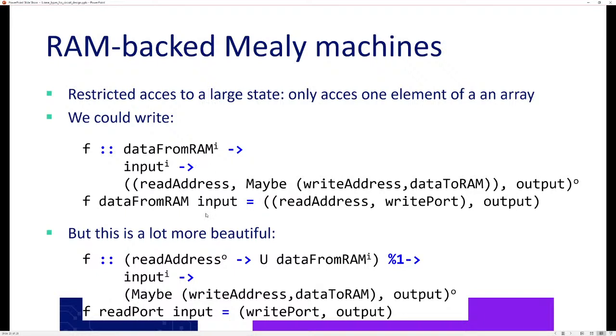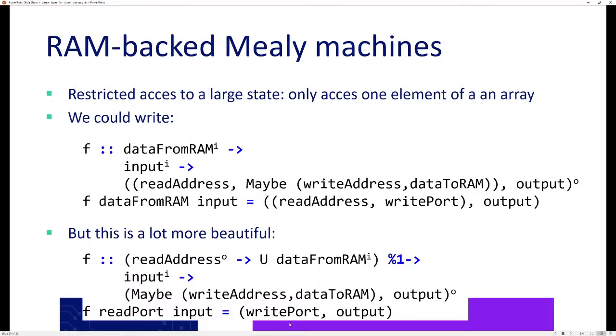So not only looking at the type signature, but also looking at the head of the function, it's just a lot nicer that you can say, I have a Mealy machine F, and I get a read port, which happens to have a function type, and then some other input, and I provide a write port and an output.